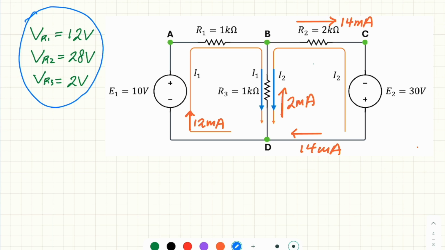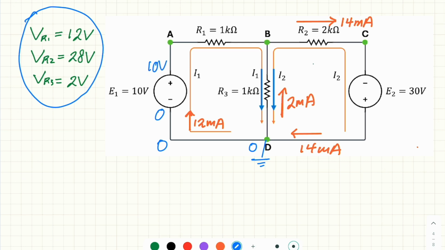Now, if we force node D to 0 volt, it means we ground this one, and this becomes 0 volt. And we want to check what is the potential at each node. This is 0 here, 0. So voltage source E1 steps it up to 10 volt.